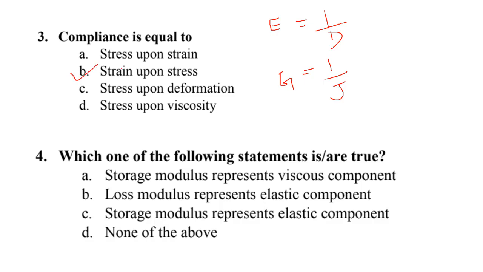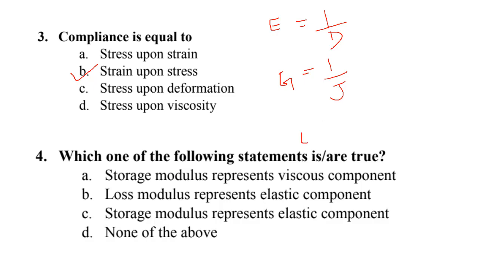Then, which one of the following statements is true? Storage modulus represents the viscous component; loss modulus represents the elastic component; storage modulus represents the elastic component; or none of the above. Can anyone tell me? Basically, I can just write the modulus.